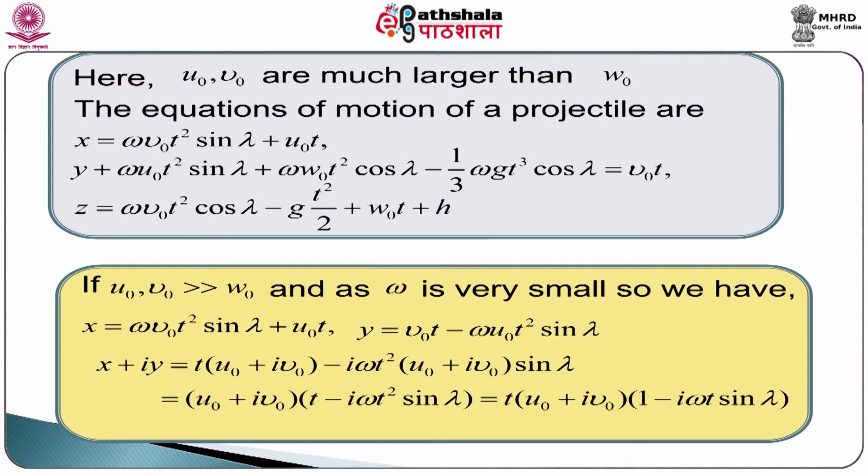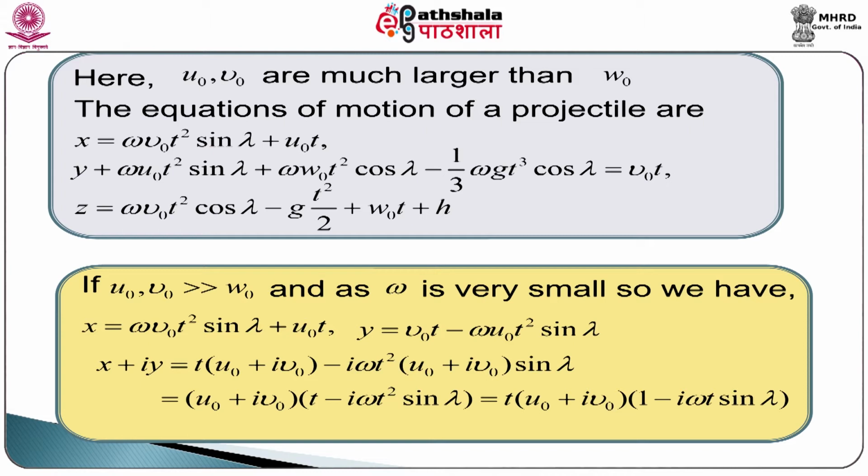If u0 and v0 are much greater than w0 and as omega is very small, we have x equal to omega v0 t square sin lambda plus u0 into t, y equal to v0 into t minus omega u0 t square sin lambda.